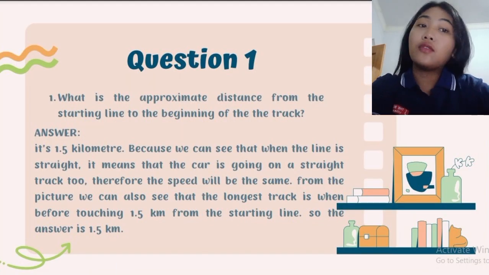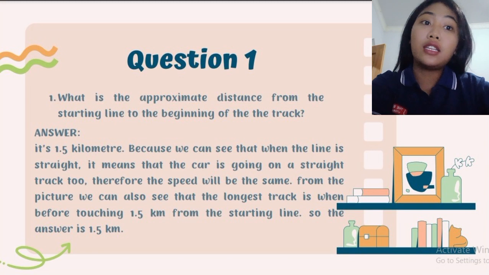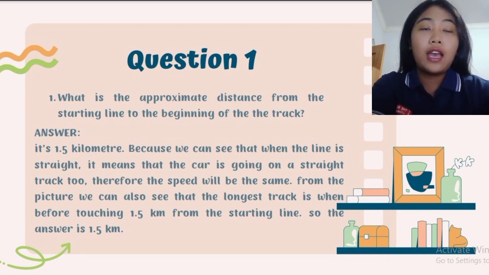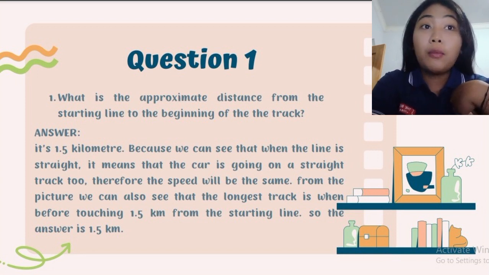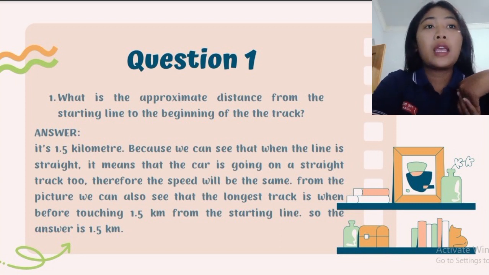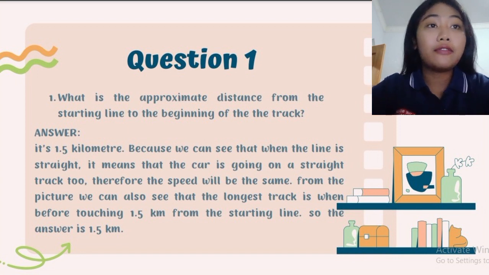Okay, let's move on to question number 1. What is the approximate distance from the starting line to the beginning of the longest track? My answer is 1.5 kilometer, because we can see from the graph that when the line is straight, it means the car is going on a straight track too.